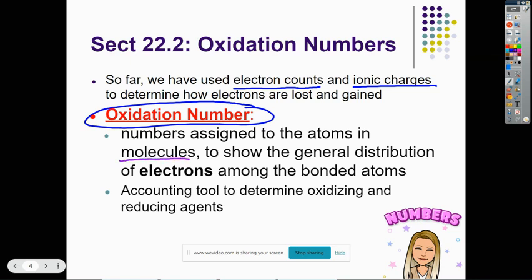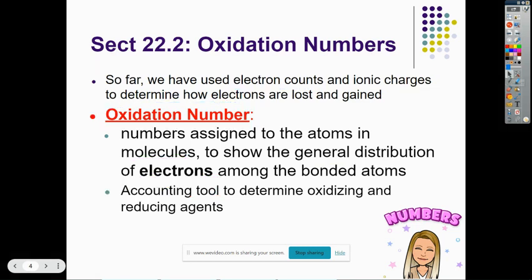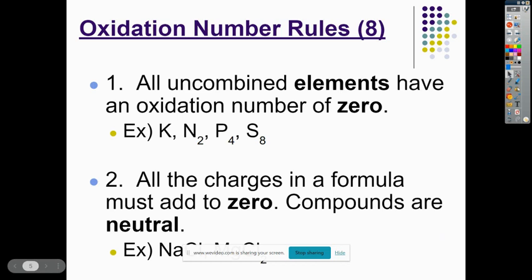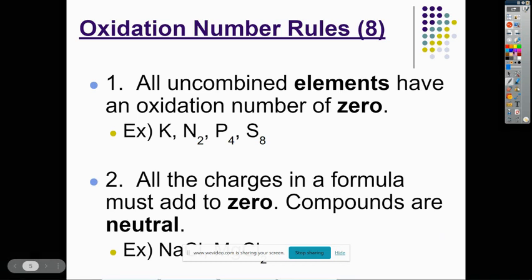So when we are sharing our electrons, it shows the general distribution of the electrons amongst the atoms that are all bonded together. It's a way that we can account for all these different things. So there are several rules, 8 in fact, for assigning oxidation numbers. And a lot of them follow the rules that you know for assigning your charges. So we'll kind of play with that.